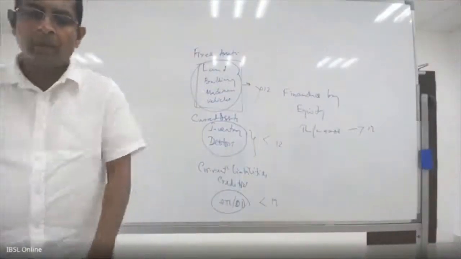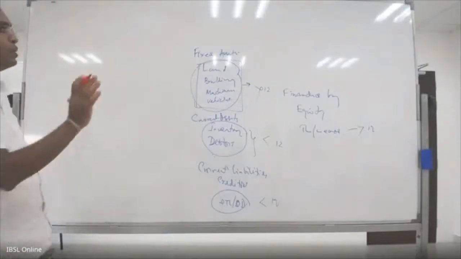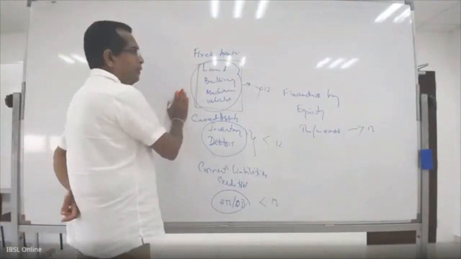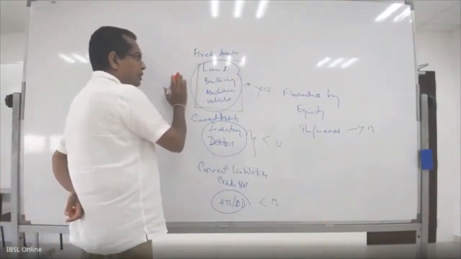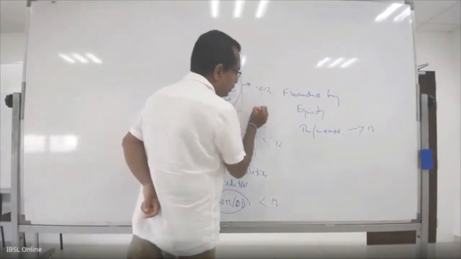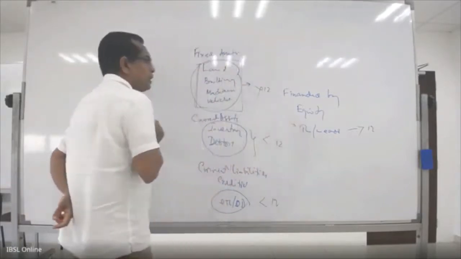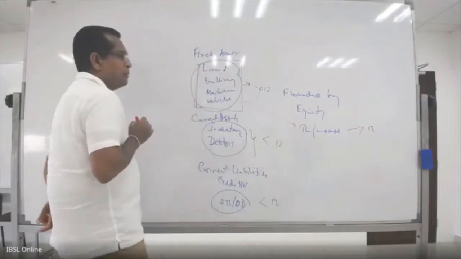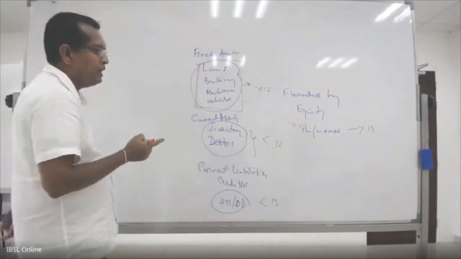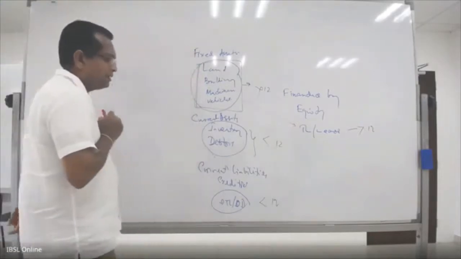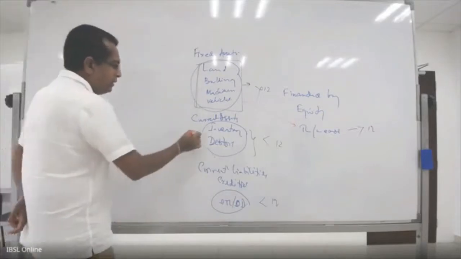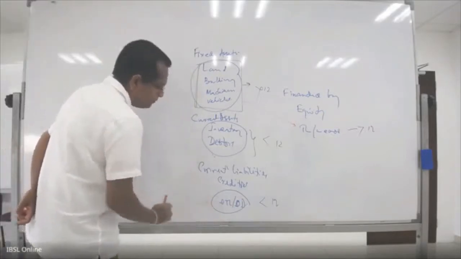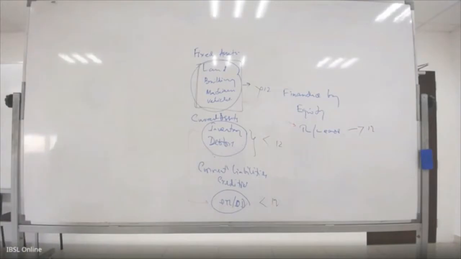So whenever we want to invest in a fixed asset, we go for this one as bank funding. Whenever we want current assets to be financed, we go for short-term funding, right?